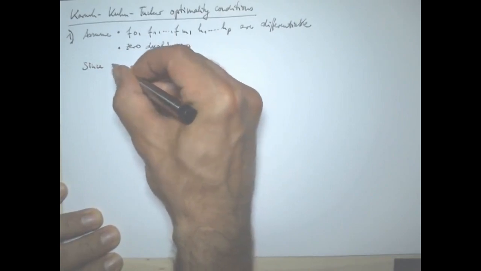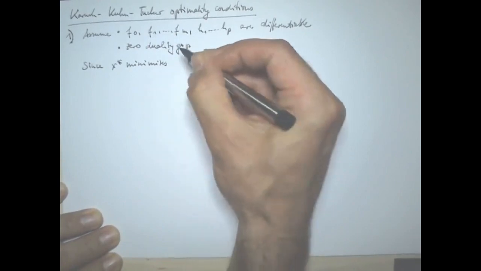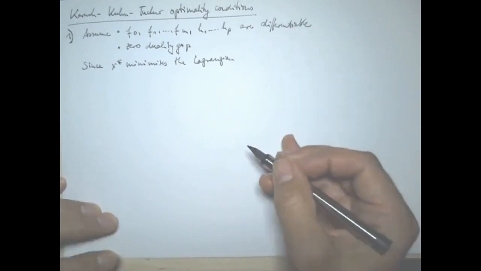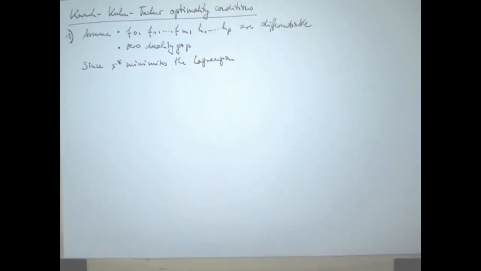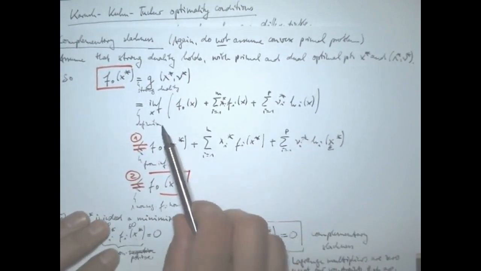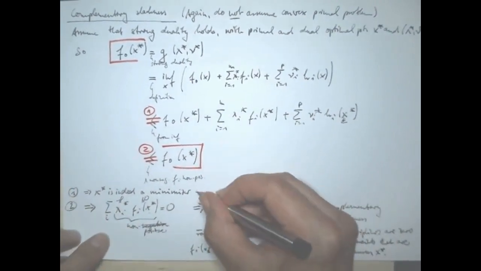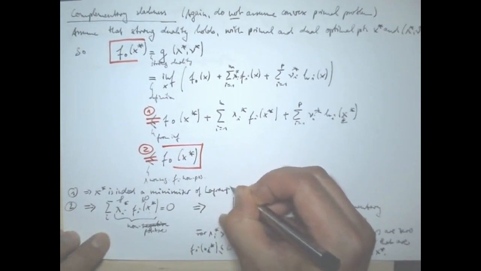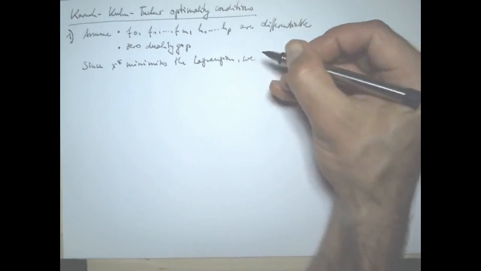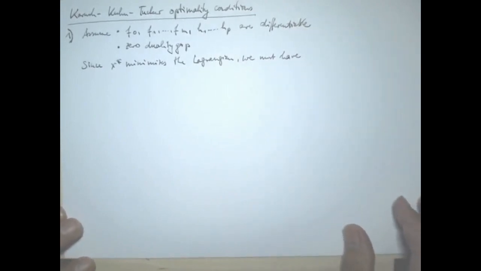Now, since x star minimizes the Lagrangian, as we saw here, so we saw that x star was a minimizer of this expression here, we must have that its derivative vanishes at x star.